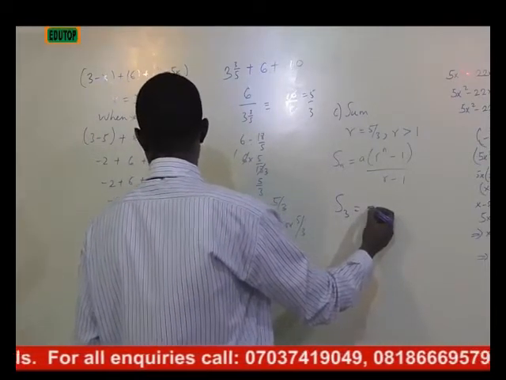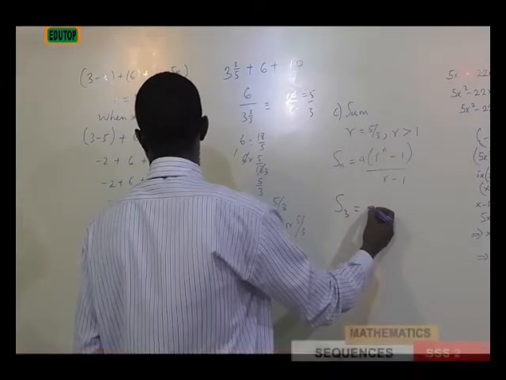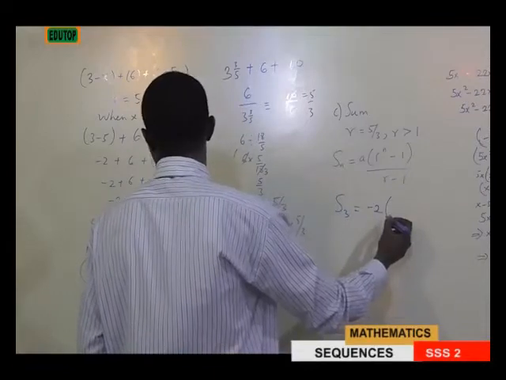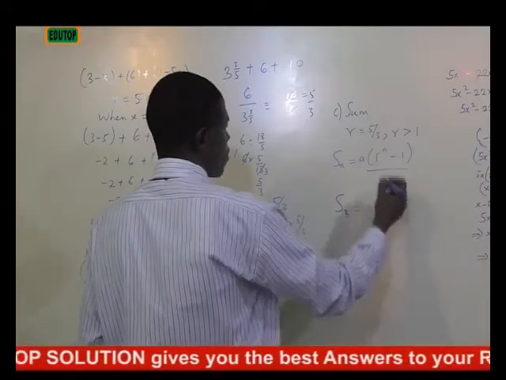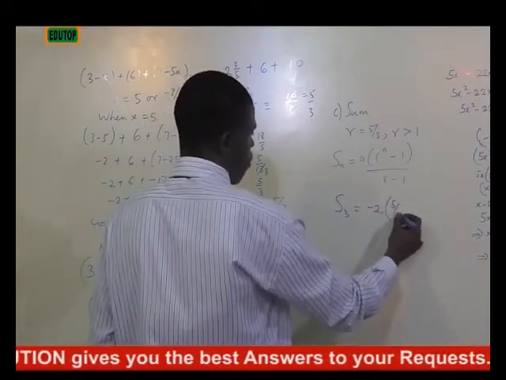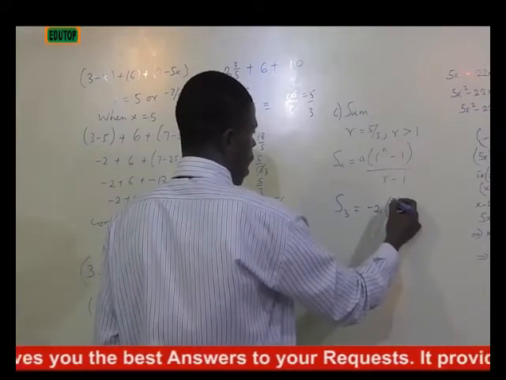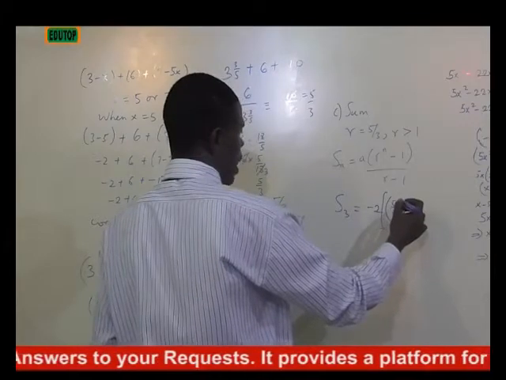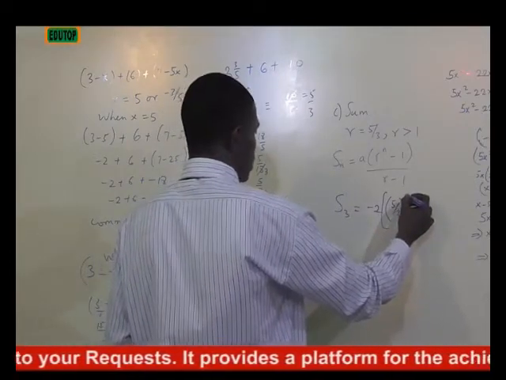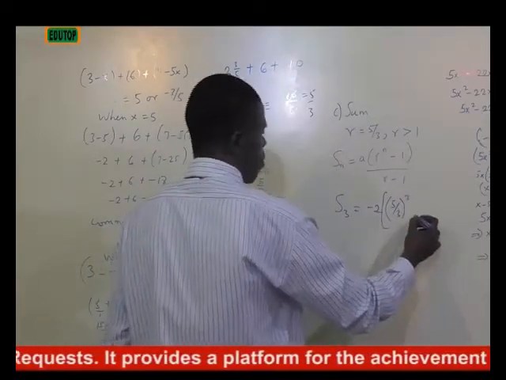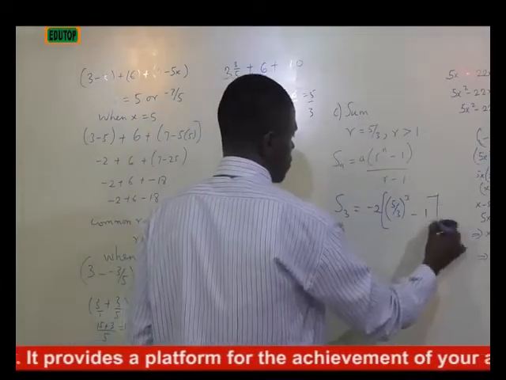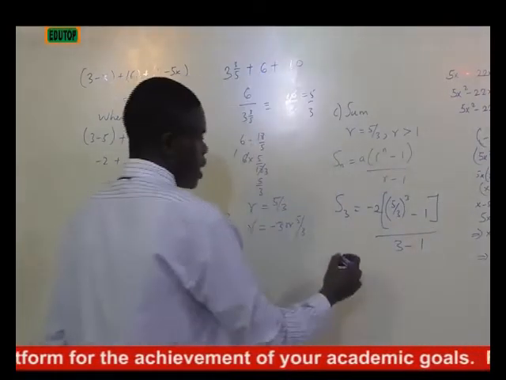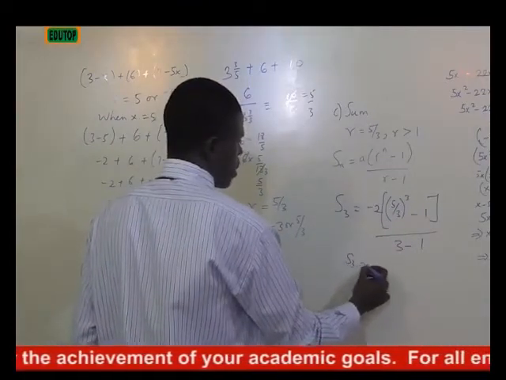Our A here, which is the first term, is -2, into common ratio. What is our common ratio for the first case? 5/3 raised to power n. What is our n? Our n is 3. So minus 1 over 3 minus 1.